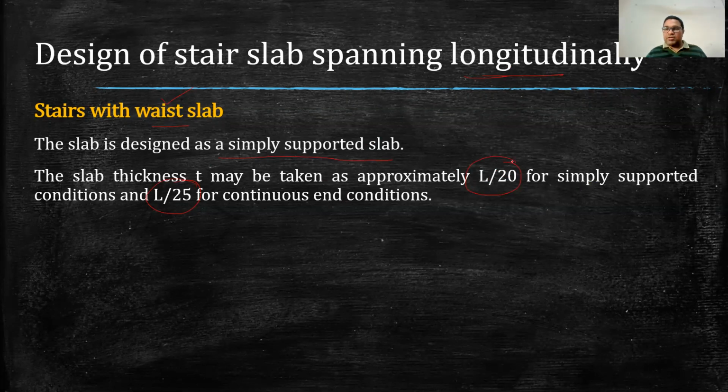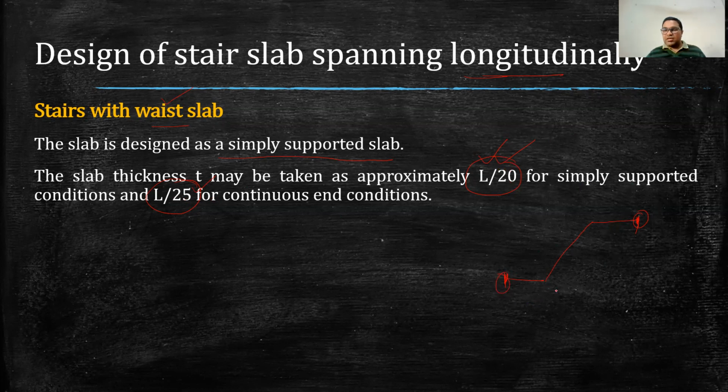For simply supported, we take L by 22, and for continuous end condition, we take L by 25, like this case. If support is here, in that case, we take L by 22, and if the support is simply supported, we take L by 20.